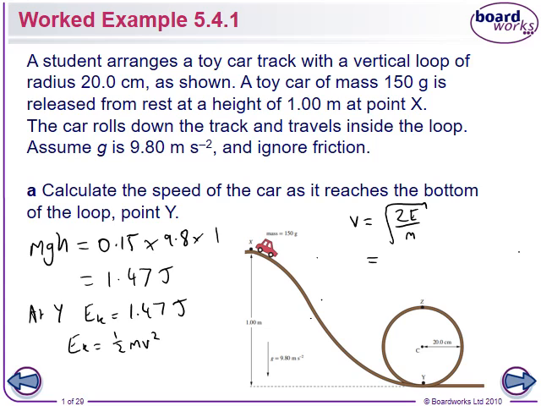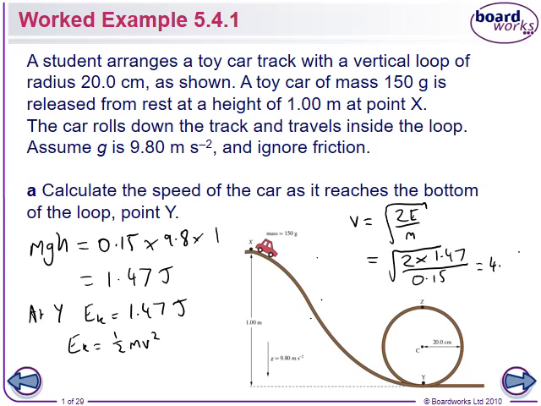So the square root of 2, what was our energy again? 1.47. What's our mass? 0.15. Someone calculate that for me, please. 4.43, that sounds good to me.